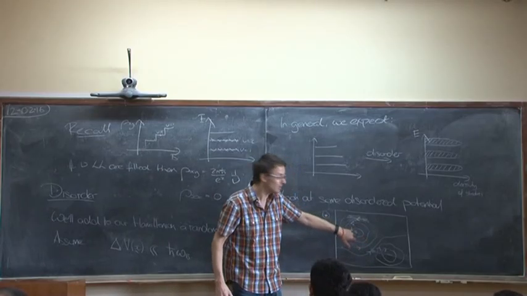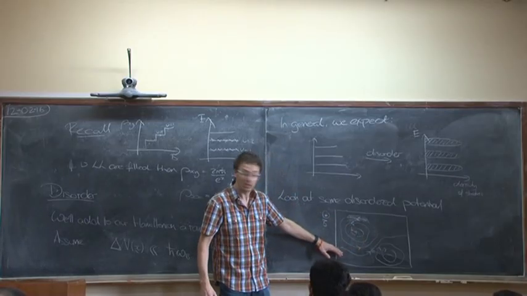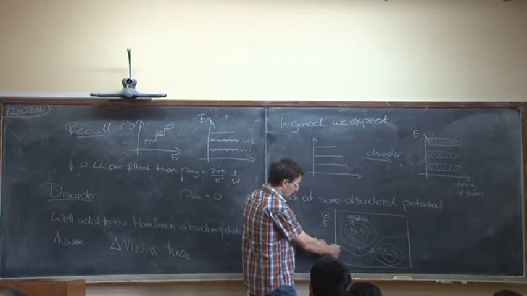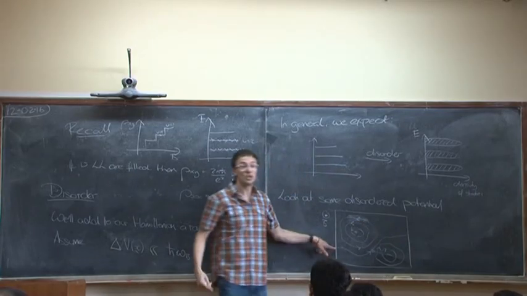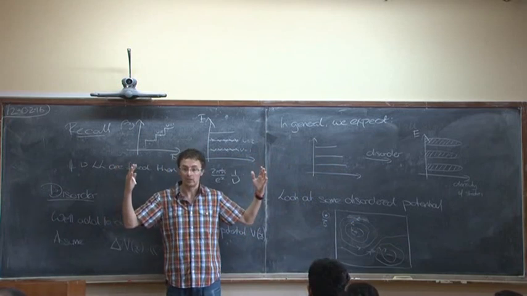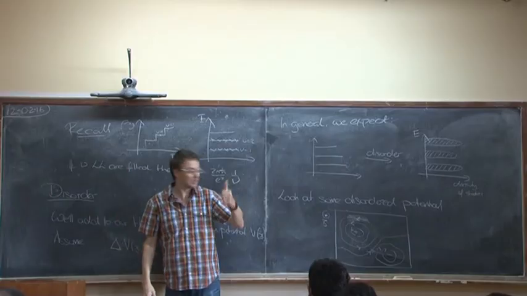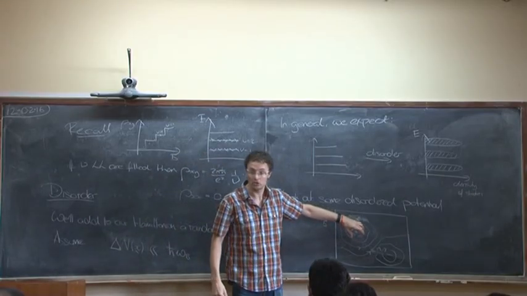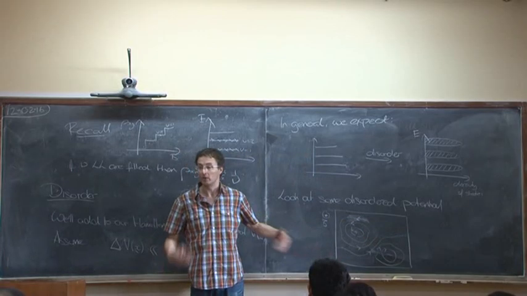Whereas some of them, like the ones on this equipotential, will not be localized but extended from this side of the sample to this side, just because the equipotential spreads over. So there are localized states, which just live in some small region, and extended states, which spread over the entire sample.